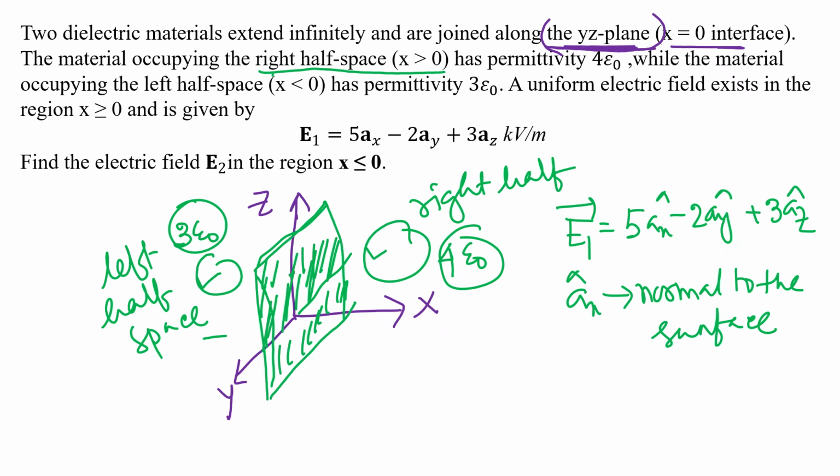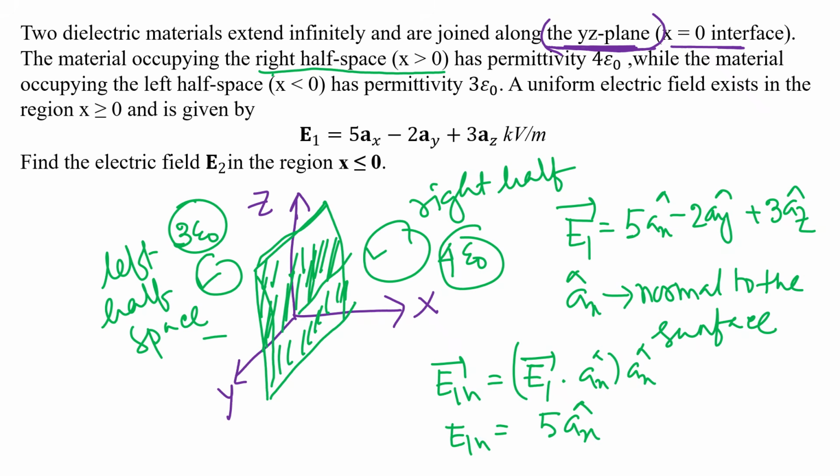Okay, so E1n vector will be nothing but E1 dot ax, and E1 exists in the x direction only, so it is ax. So ultimately this will give me 5ax cap. So this will be the value of E1n.